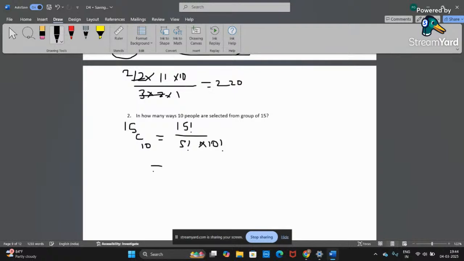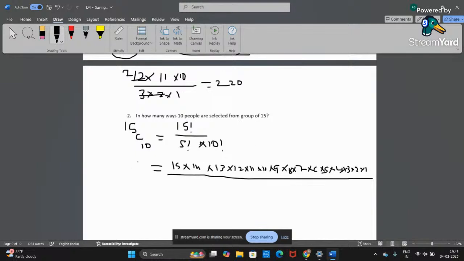Now just simplify this. 15, 14, 13, 12, 11, 10, 9, 8, 7, 6, 4, 3, 2, 1.